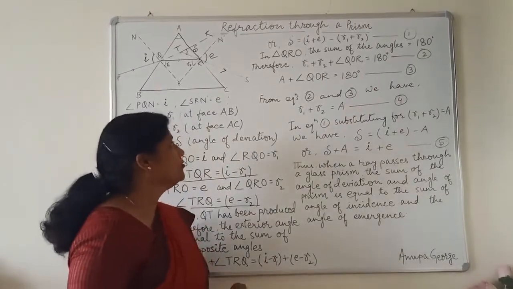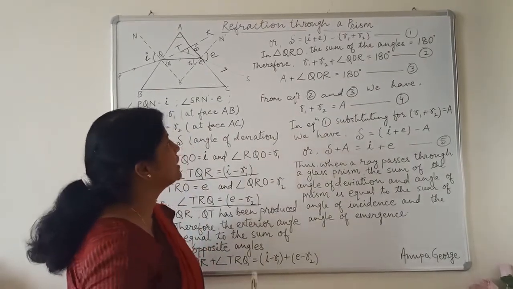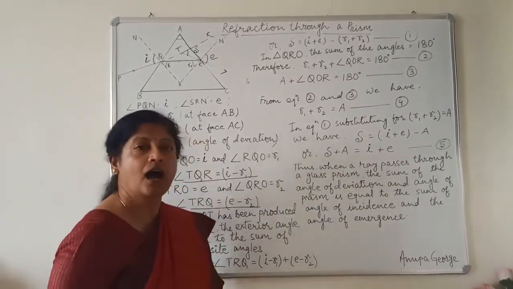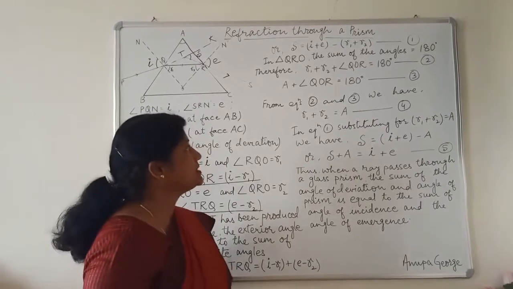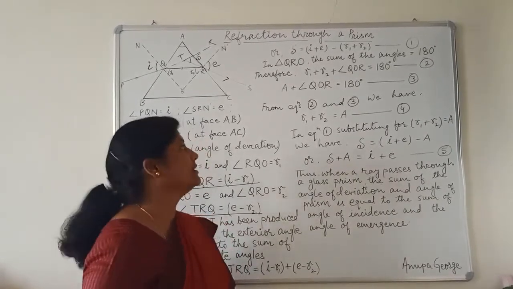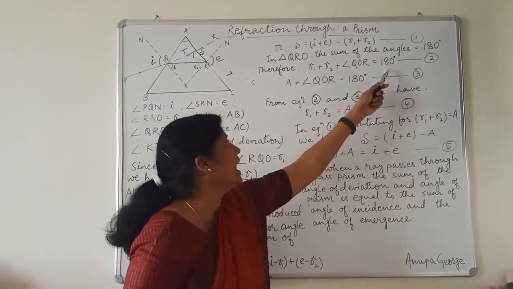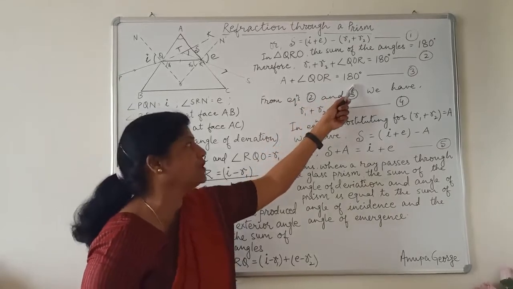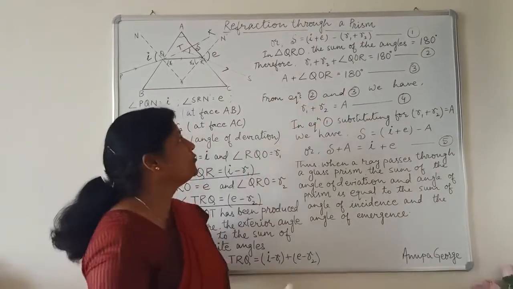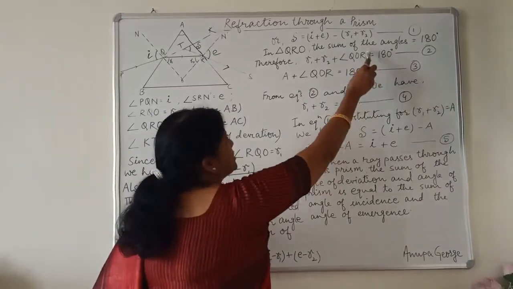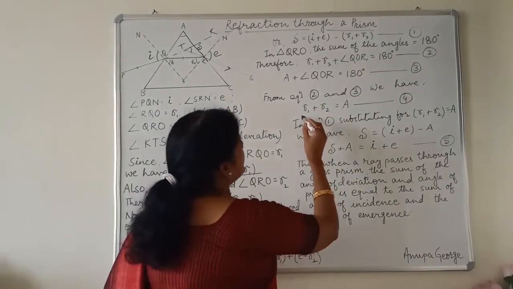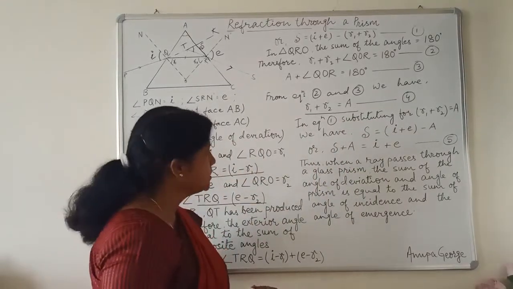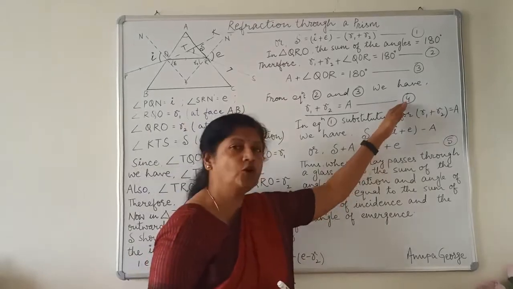Now from equations 2 and 3, R1 plus R2 plus angle QOR is equal to 180 degrees and angle A plus QOR is equal to 180 degrees. So from these two equations we can write R1 plus R2 is equal to A. Put it as equation number 4.